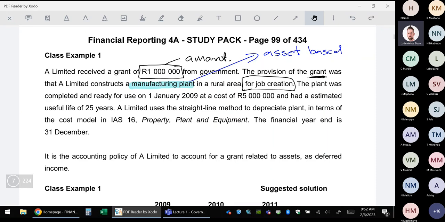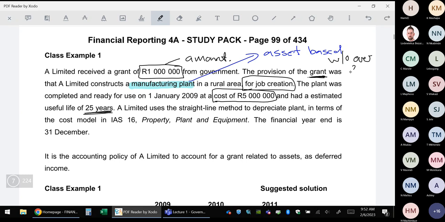All right, so the plant was completed and ready for use on the 1st of January, and the cost was 5 million and had an estimated useful life of 25 years. So we will write off the plant over the useful life of 25 years. So that is what we use for depreciation.